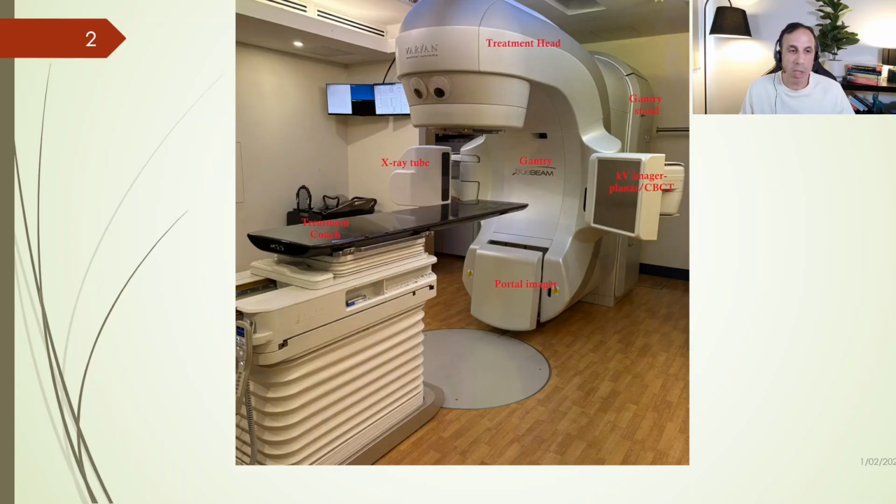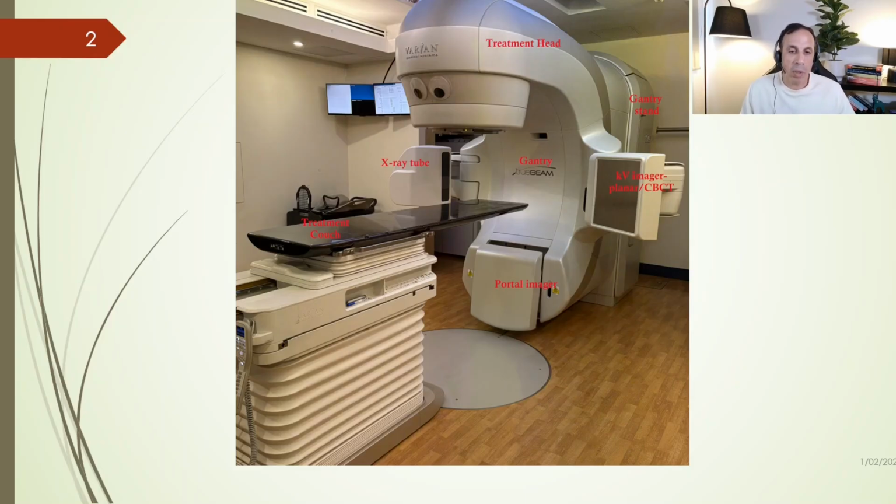I have shown this on the figure as a portal imager. It is called EPID, to verify treatment field and patient positioning. So it uses the X-ray beams coming out of the patient and builds the image based on the exiting radiation from the patient.